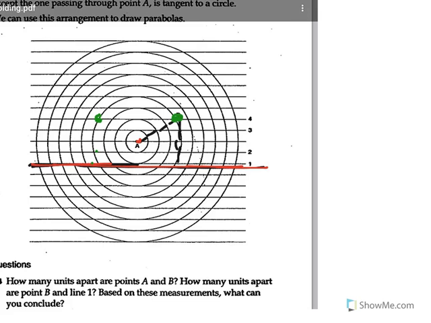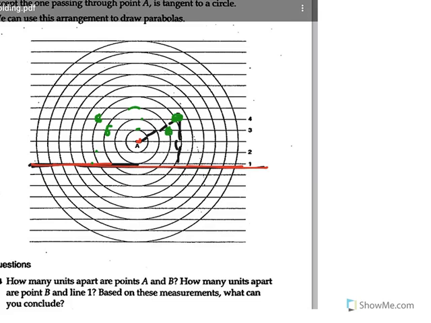Well, 3 away from A is going to be on this circle number 3, but 3 away from line 1 is on this third line above the red line. So that makes this point and this point.